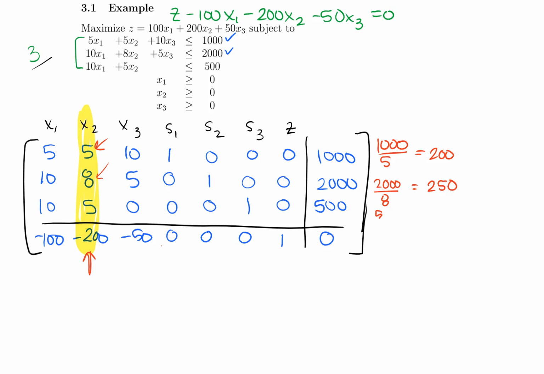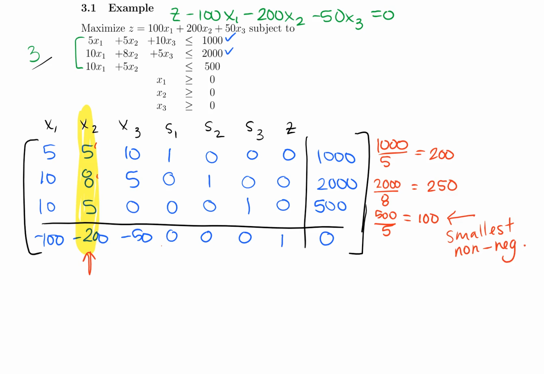And for the last row, we'll take 500 divided by 5, and that would give us 100. These ratios will determine the pivot row, and so the intersection of the column and the row will determine the pivot element. So let's see. We need to pick the smallest non-negative ratio, so that would be 100. This is the smallest non-negative.